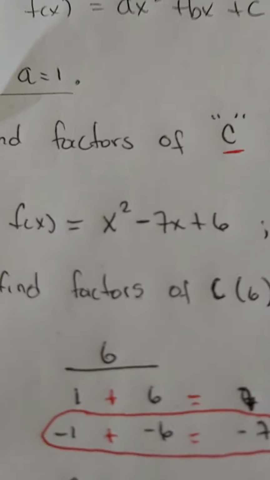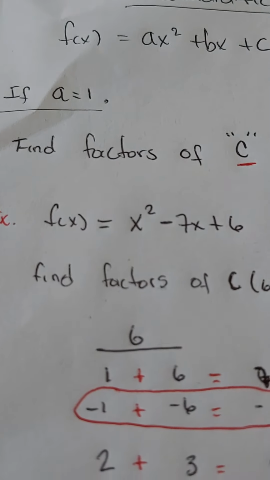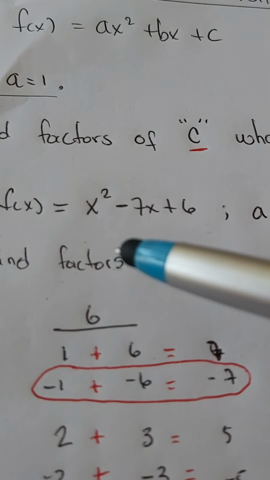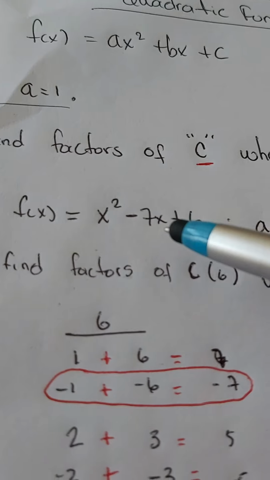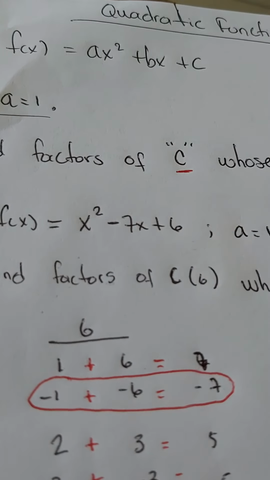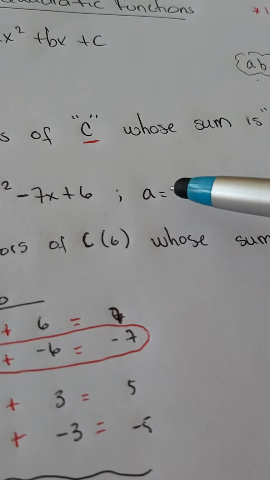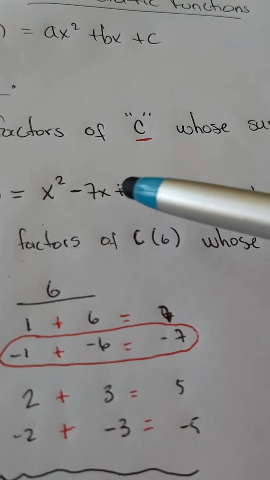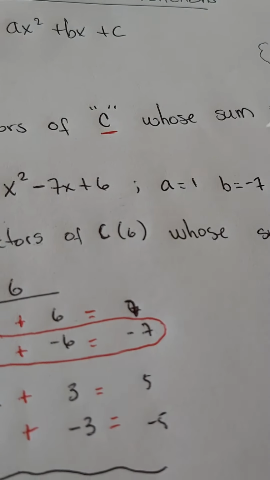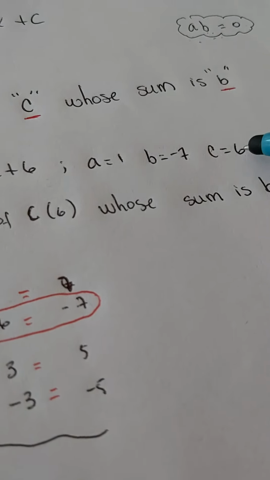Here we have an example. Let's factorize f of x equals x squared minus 7x plus 6. Notice, a equals 1, b equals -7, and c equals 6.